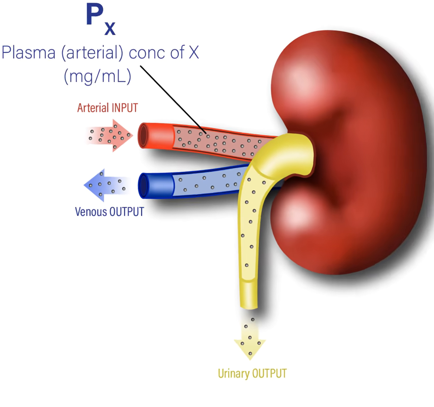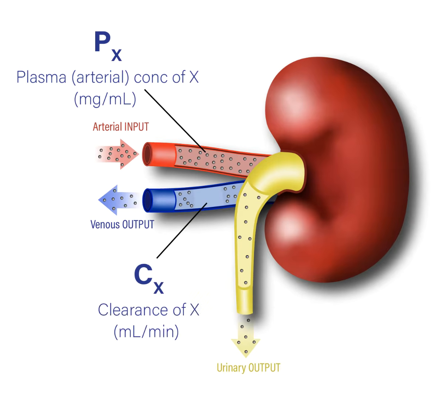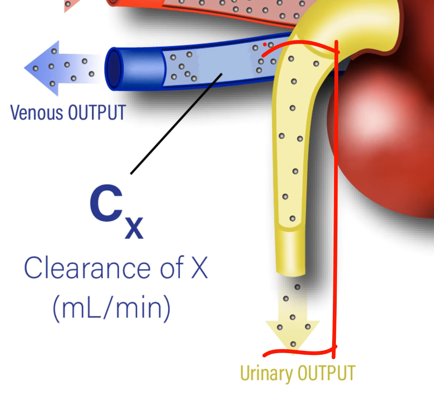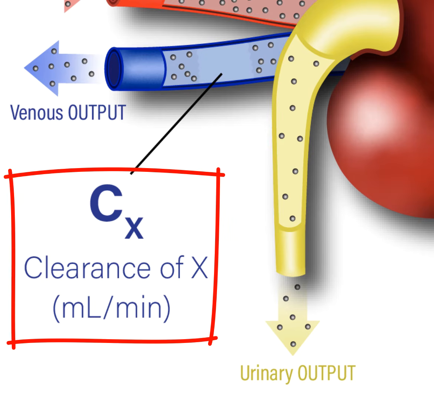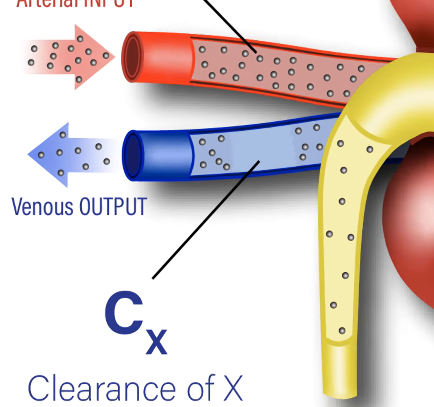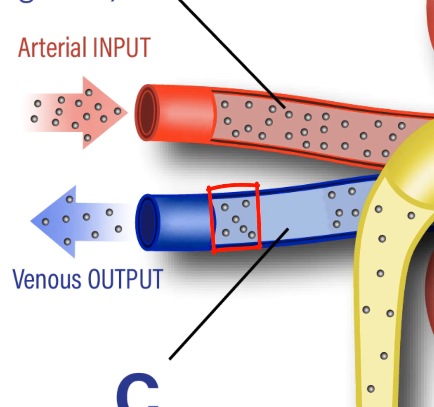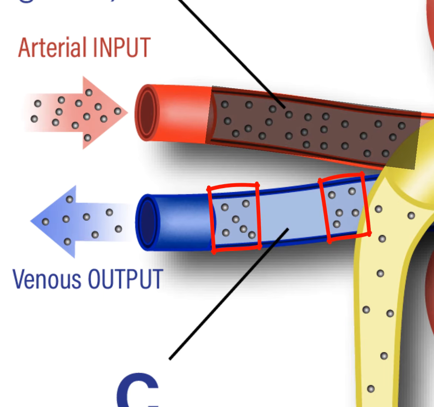In contrast, renal clearance assumes that all of substance X that is excreted into the ureter comes entirely from a discrete volume of plasma, such that that fraction of plasma leaving the kidney is entirely devoid of substance X. That is, that fraction of plasma has been completely cleared of substance X. This entails that the remaining unaffected plasma in the renal vein has the same concentration of X as the plasma that's entering through the renal artery.